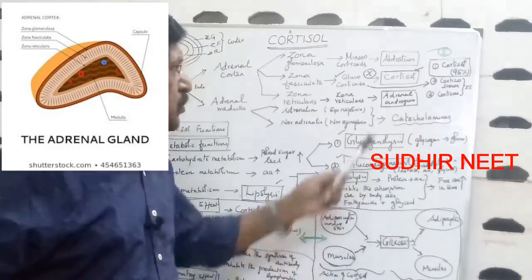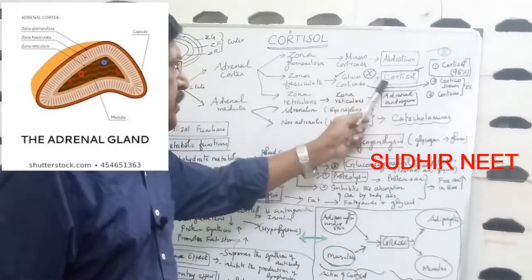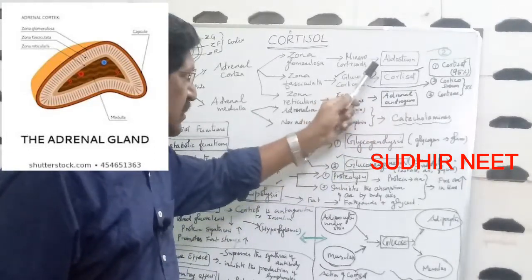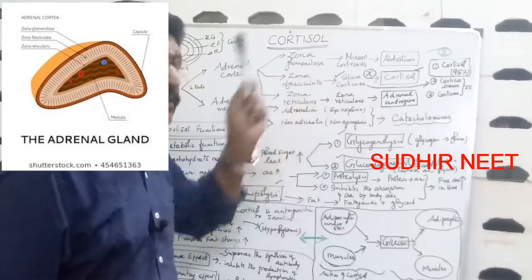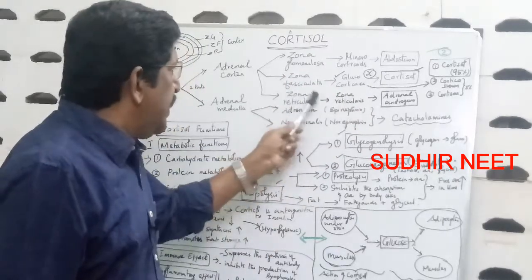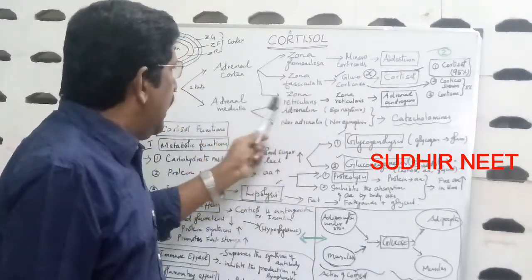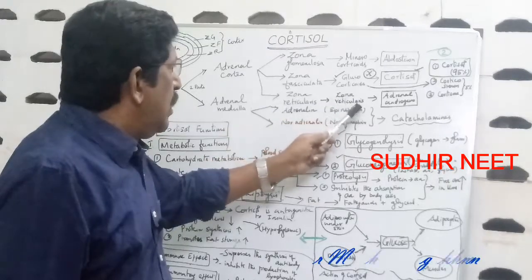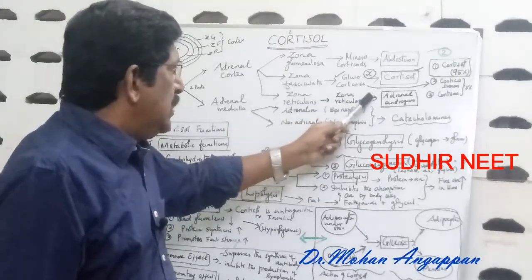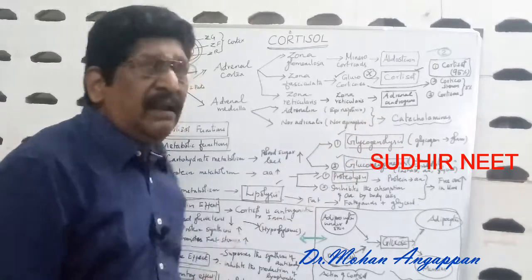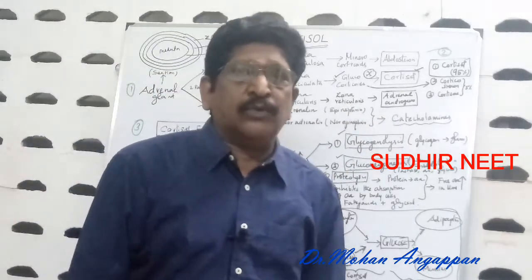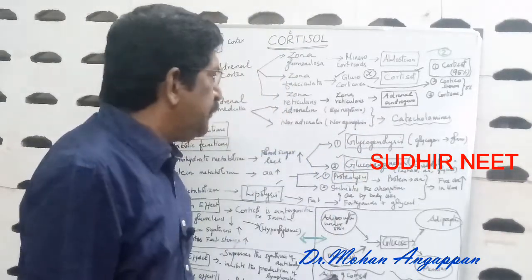So cortisol is a very important glucocorticoid. This is the topic of the day. Then zona reticularis, the inner layer, secretes adrenal androgens, sex hormones.